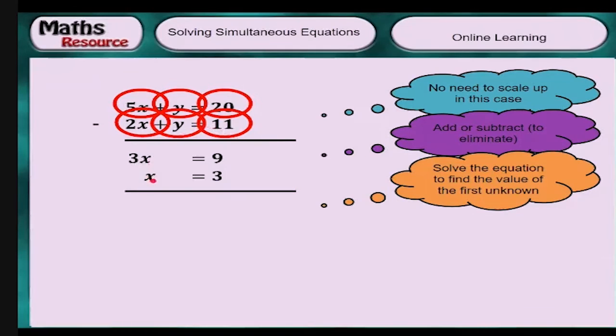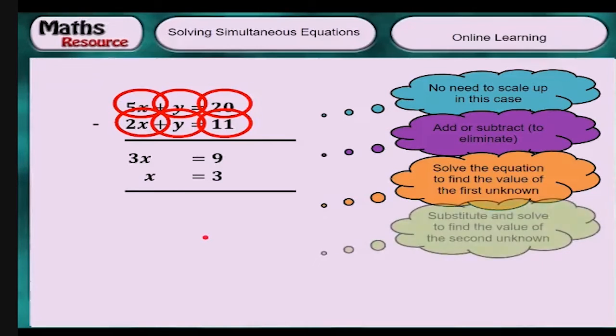Now, once I've worked out what x is, I can substitute either the x in here or the x in there for a 3. So just as before, I'm going to pull the top one down. I could use the bottom one if I wanted to. It doesn't matter. So I've got 5x plus y equals 20.